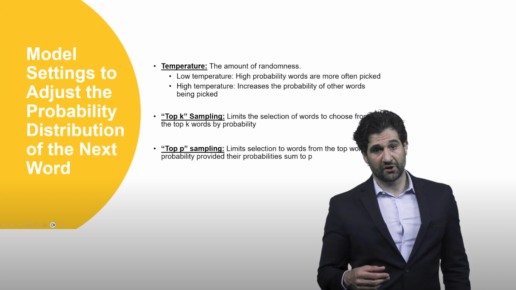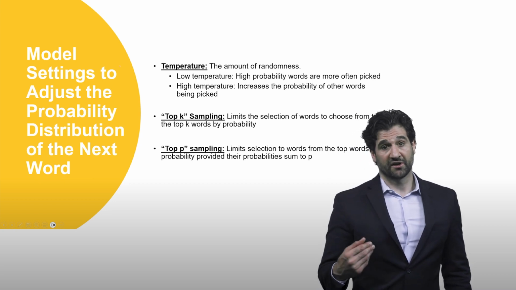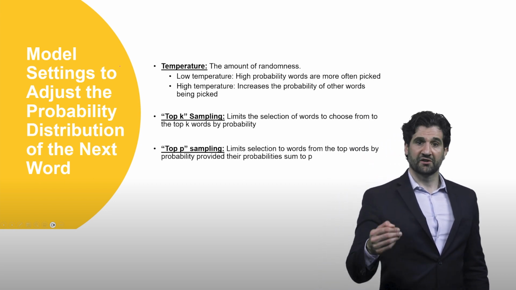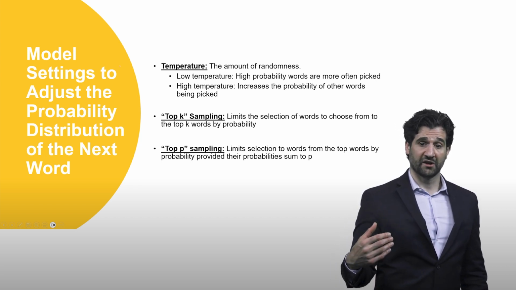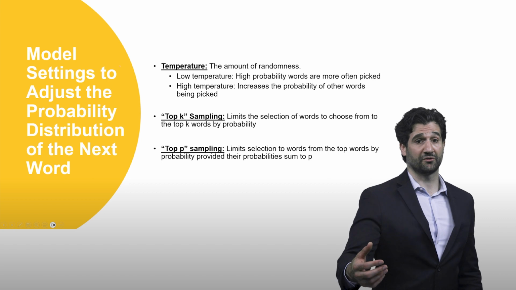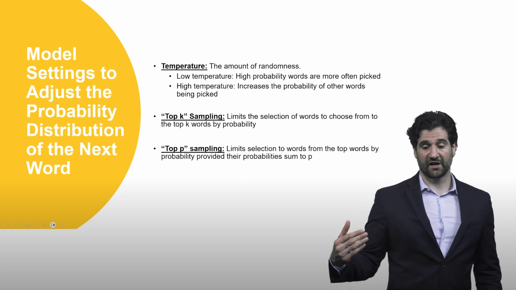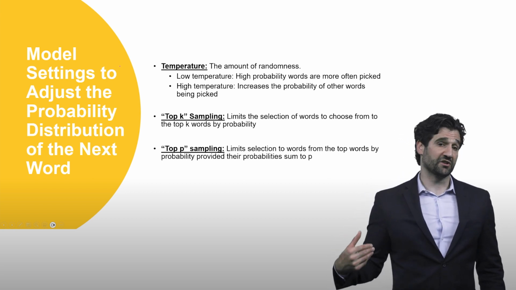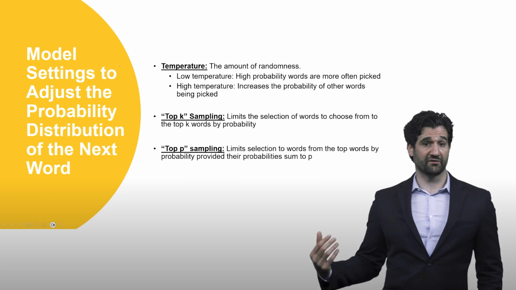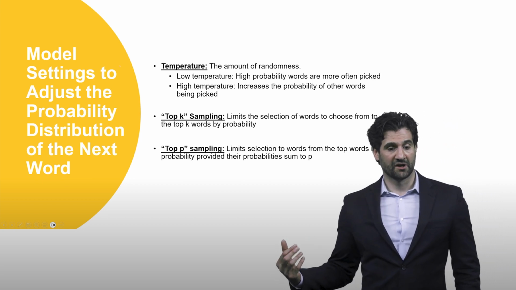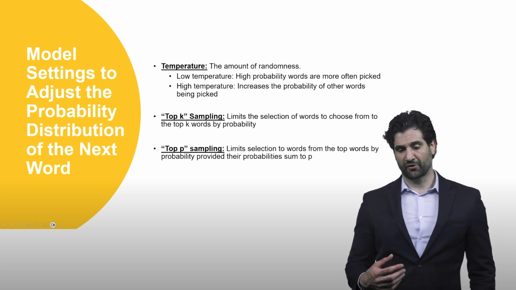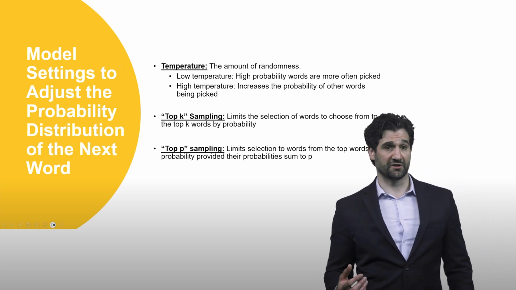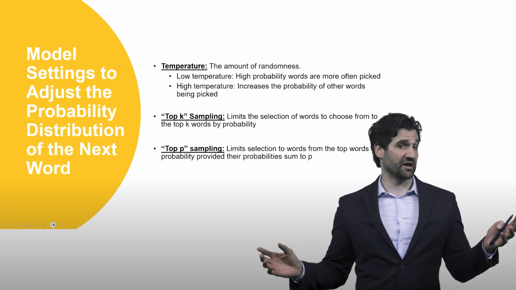Now, if we adjust the temperature, a low temperature makes it more likely that high probability words will get picked, and there's going to be less randomness in the result. If you pick a higher temperature, it increases the probability of picking words that don't have such a high value. There are also parameters dealing with top K sampling, which just limits the choice to the top K words.